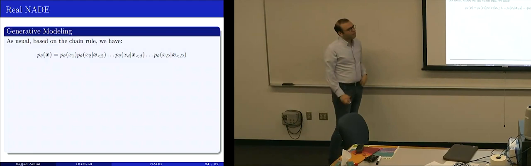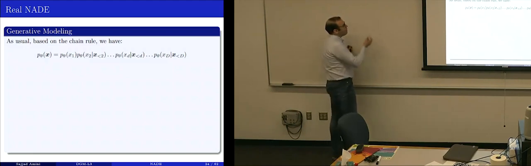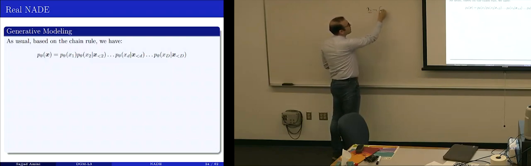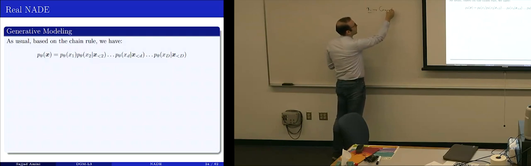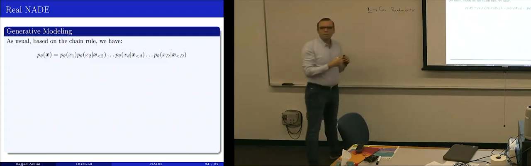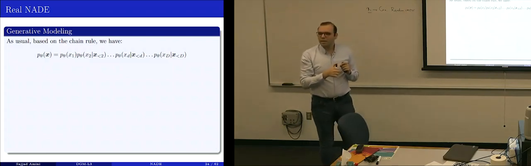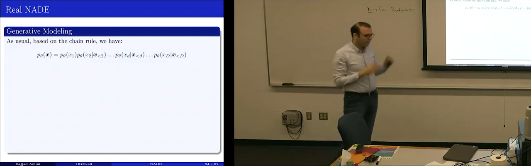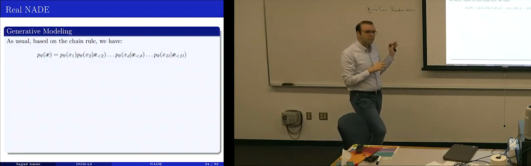What happens if my inputs are from a continuous random vector? What happens here? What do you think? Instead of discrete or, for example, binary, if we have a continuous random variable, what do you think happens?